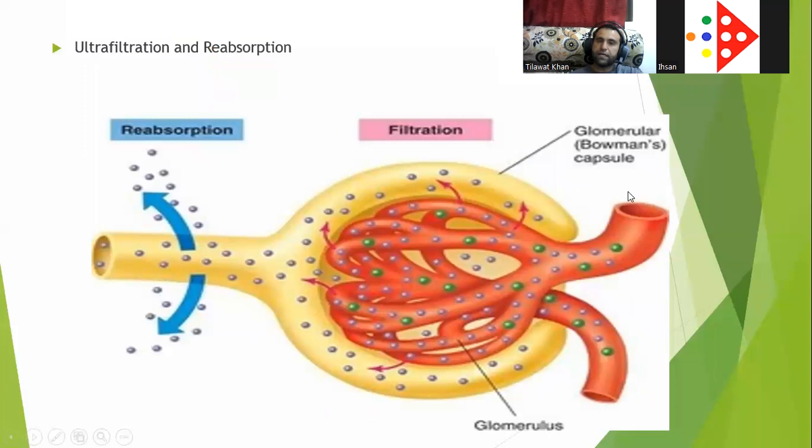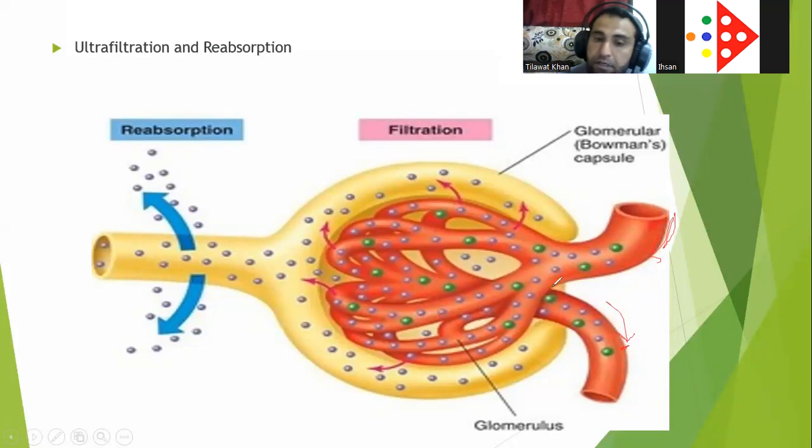You can see here regarding the Bowman capsule and glomerulus. You can see this cup-shaped structure is the Bowman capsule, and this one is the afferent arteriole, and this one is the efferent arteriole.